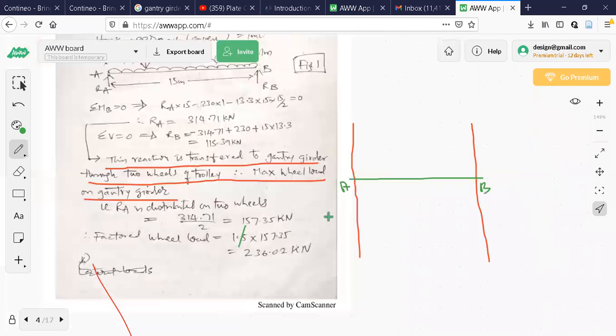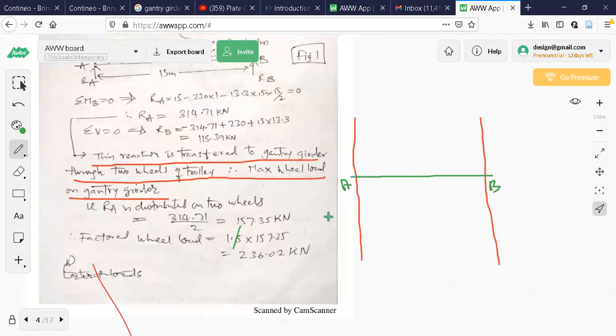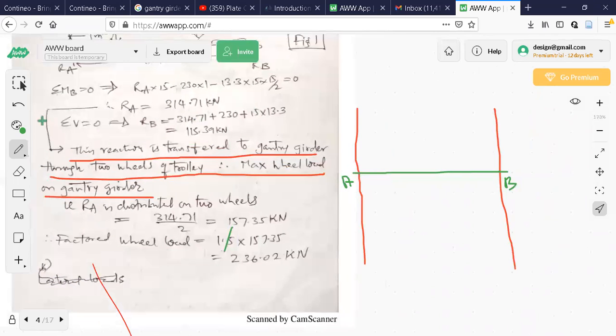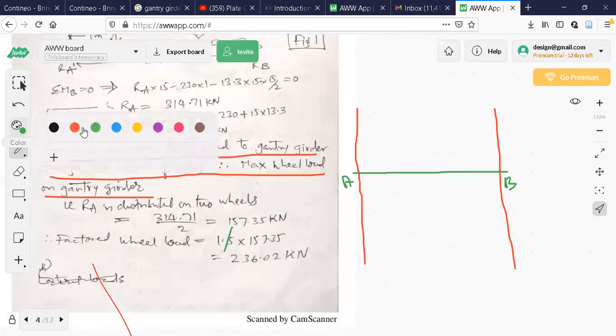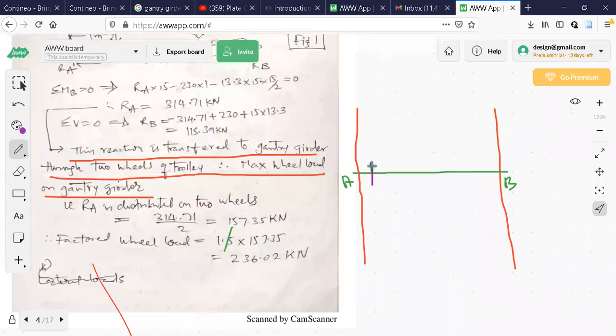Now what happens here is, how it is done. Now I'll draw one more figure here. Just observe this. Actually, I have to show this line now because the wheels are resting on the crane girder.